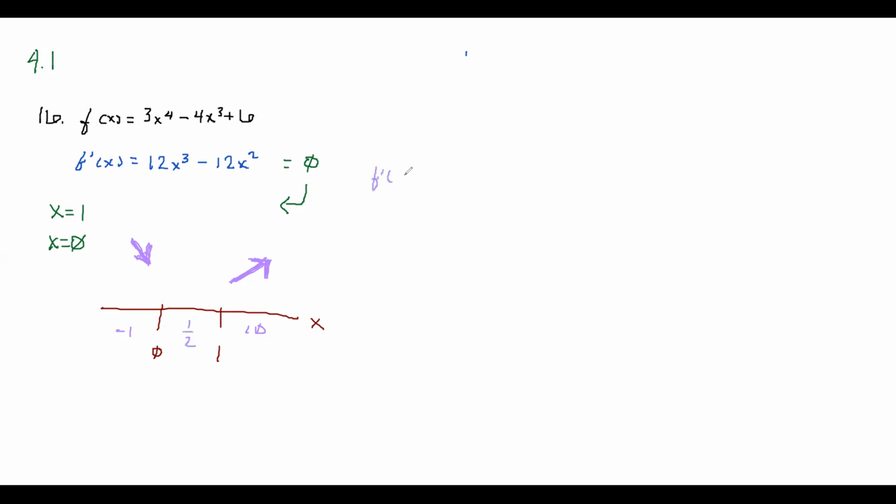So f prime of 1/2 is 12 times 1 over 8 minus 12 times 1 over 4. 12 times 1 over 4 is going to be 3, and 12 over 8 is 6 over 4, 3 over 2. So that is 1.5 minus 3, which is going to be negative.